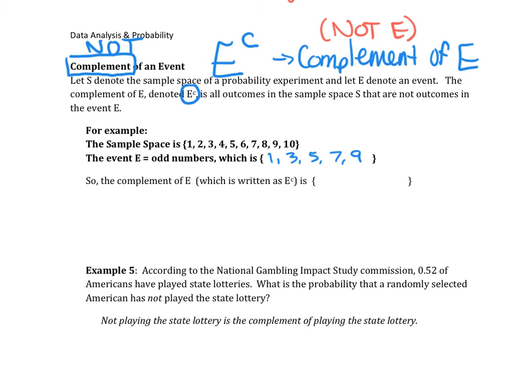Then the complement of E, written as E with the c superscript, would be all the outcomes not in E. In event E, we have just the odd numbers, so the outcomes that are not in E would be the even numbers. So the complement of E should be just the evens: 2, 4, 6, 8, 10.